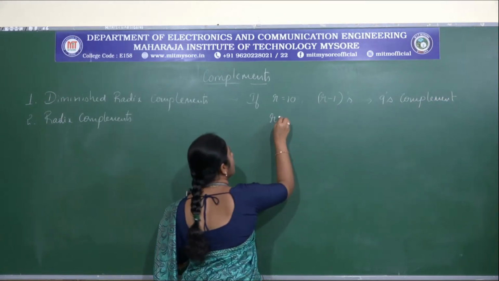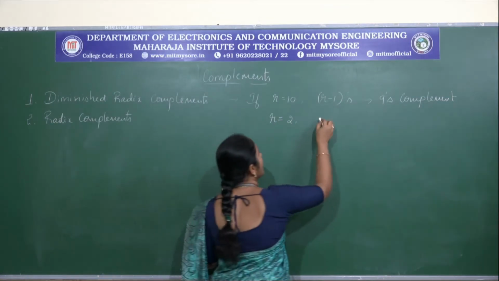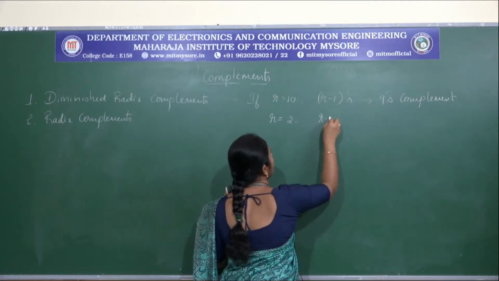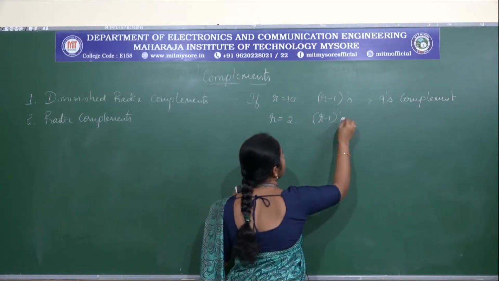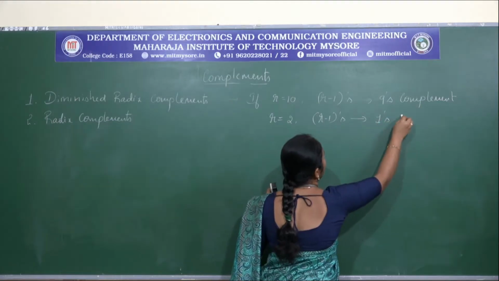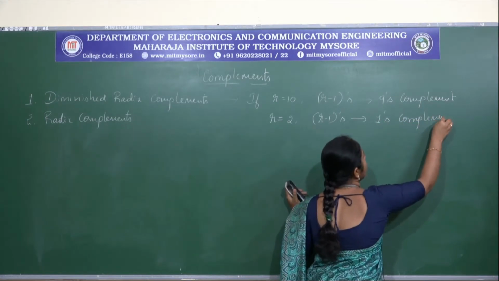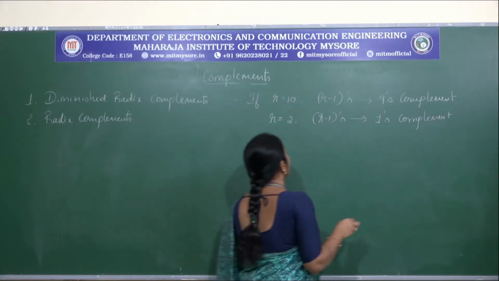Next, if the base is 2, then r minus 1 is 2 minus 1, which is 1. So the diminished complement in binary is called 1's complement.